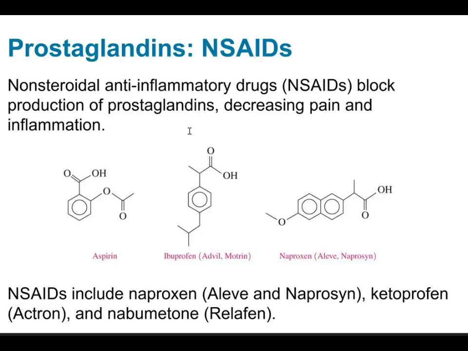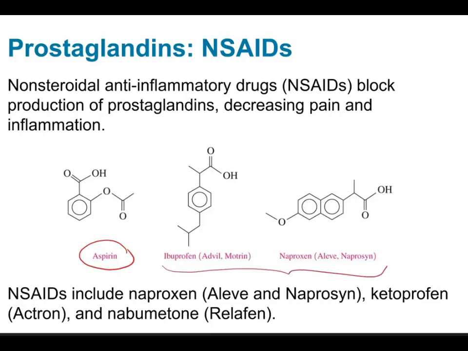For instance, aspirin, while it can be taken as a fever reducer and pain reliever, is now used for the most part to prevent clotting, strokes and heart attacks, because it inhibits the enzyme that synthesizes one of the prostaglandins called thromboxane A, which reduces platelet activation.